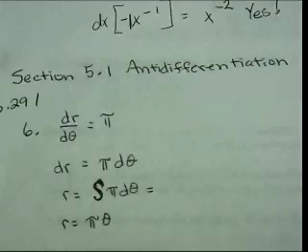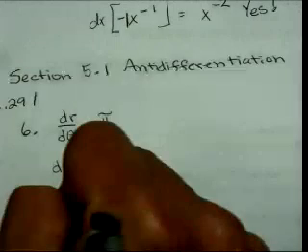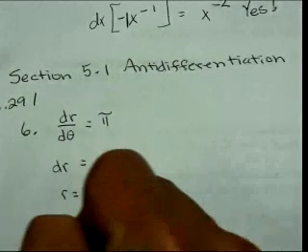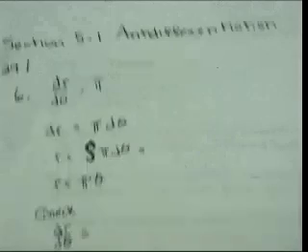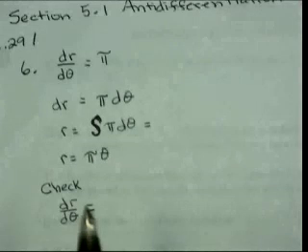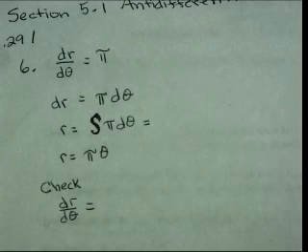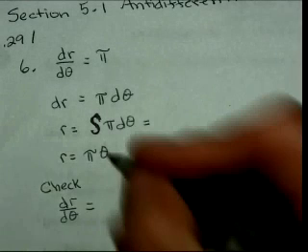And I could check that by taking the derivative of r with respect to theta. If I take the derivative of pi theta with respect to theta, what do I get? Just the pi that I started with.